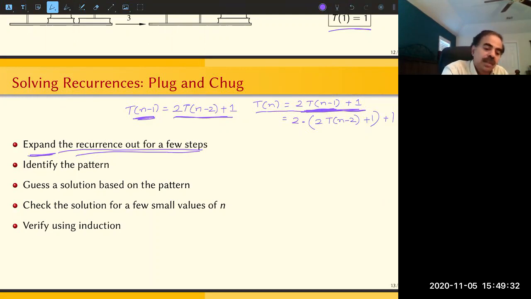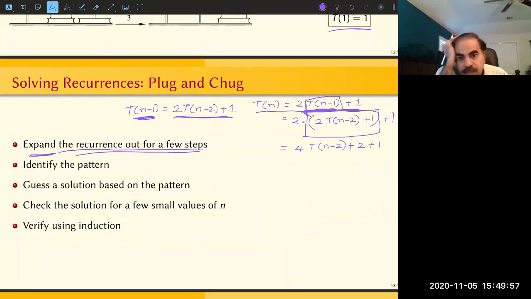So what we have done is taken T of n minus 1 and replaced it by this expression. And now we simplify. That gives you 4 times T of n minus 2 plus 2 plus 1.